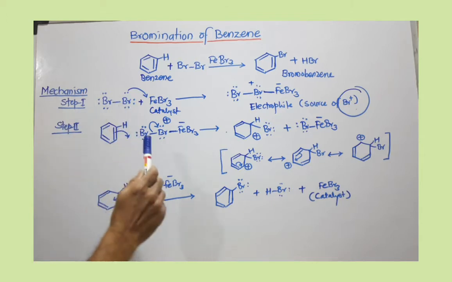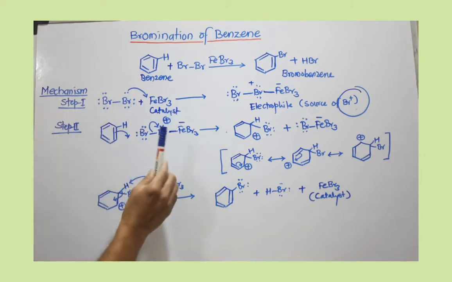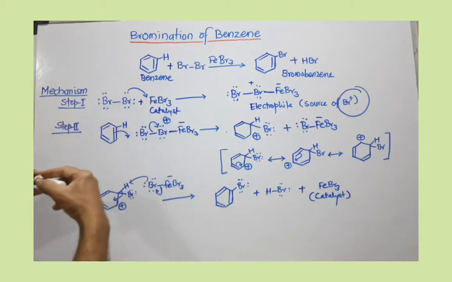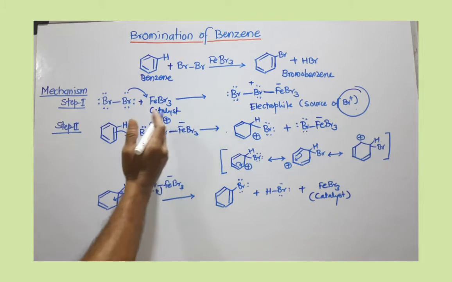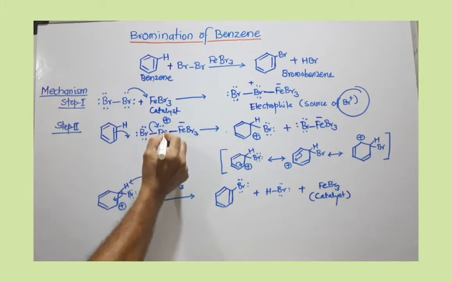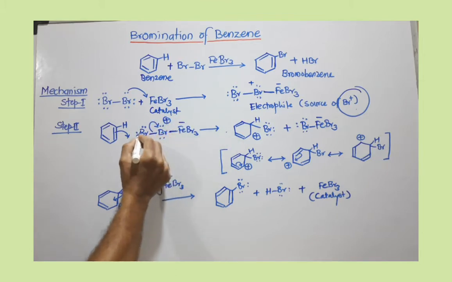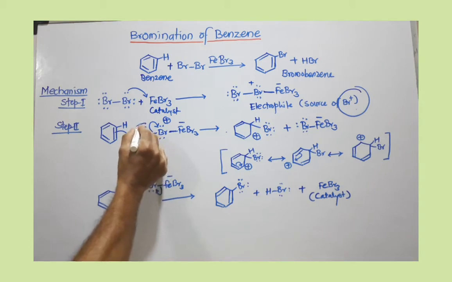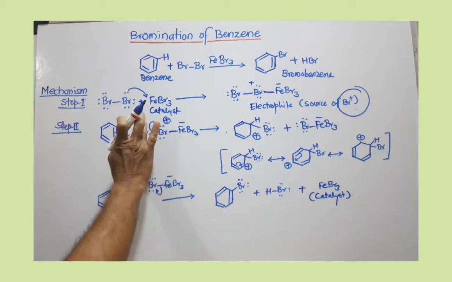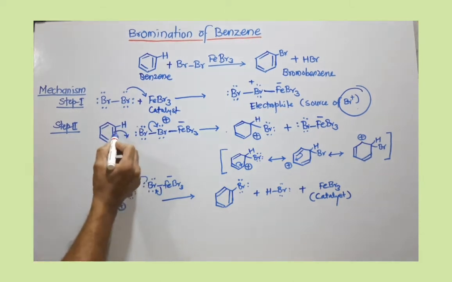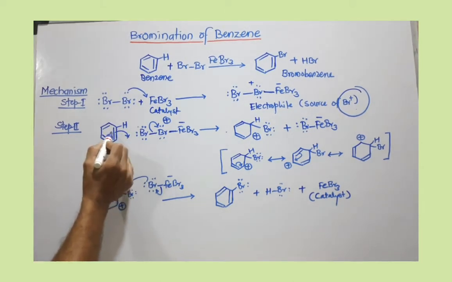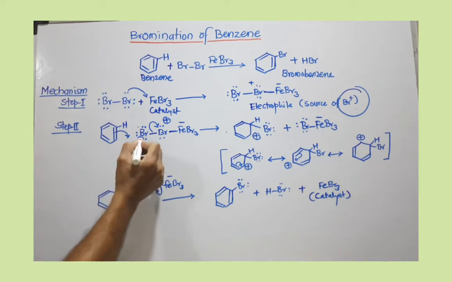Because of the positive charge on Br, this bond pair is shifted toward Br. So this terminal Br is also positive, also electron deficient. Because of this, the pi electrons are now moving outside to join this Br.